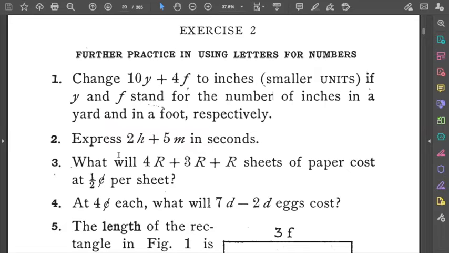Now 1 inch is equivalent to 0.0278 yards. I hope you have it.